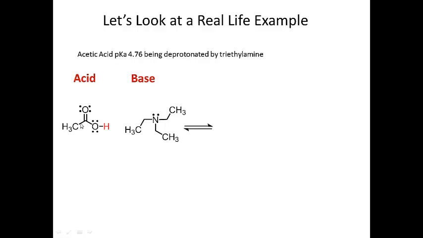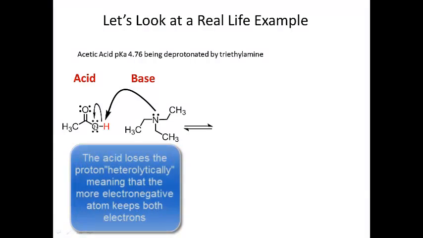It has a pKa of 4.76 and is being deprotonated by triethylamine, which in this case is here. This is my base. Let's look at the arrows. Again, the base pushes a pair of electrons toward the acidic hydrogen here. The hydrogen-oxygen bond breaks, and those electrons go on to oxygen.